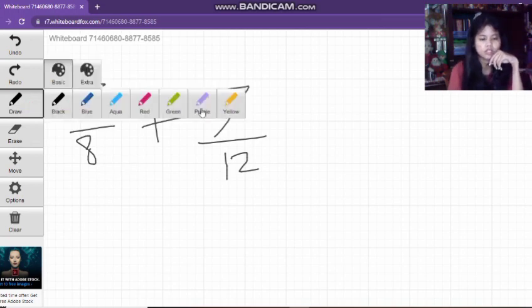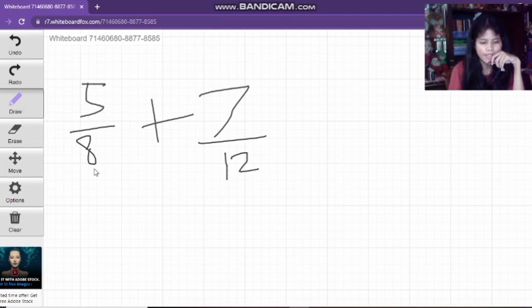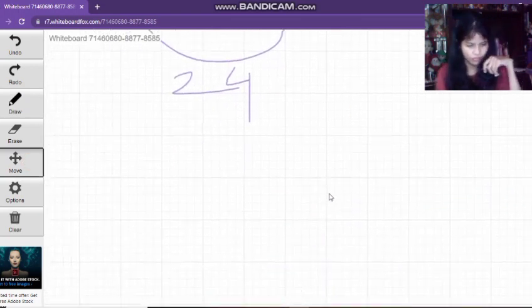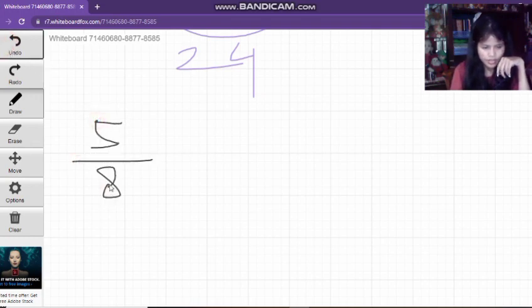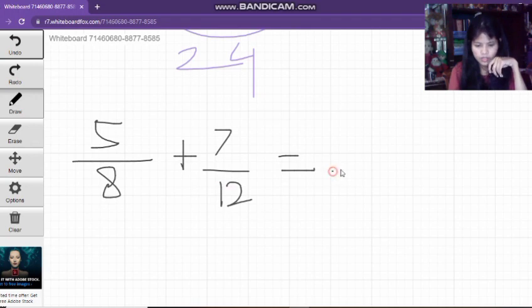So the LCM of 8 and 12 is 24. So we can write: 5 over 8 plus 7 over 12 equals, with the LCM of 8 and 12 being 24, over 24.